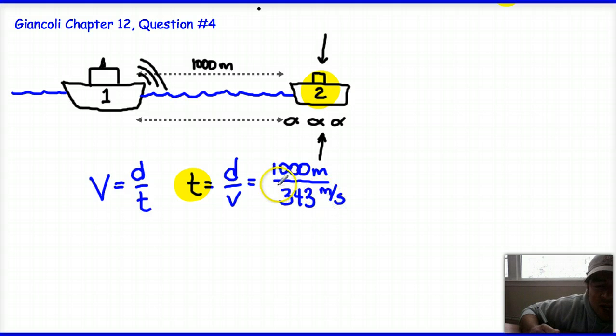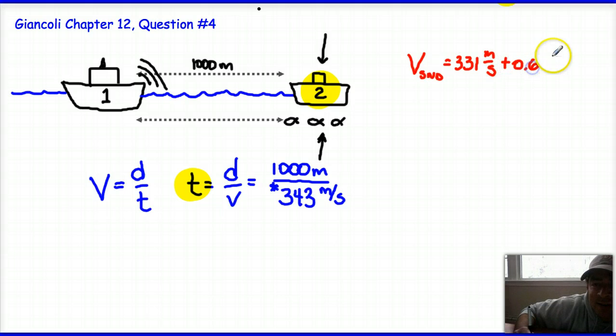Now, of course, there's a temperature-corrected formula for the speed of sound, so the speed changes a little bit. V sound is equal to 331 meters per second plus 0.6 T, where T is the temperature in degrees Celsius.